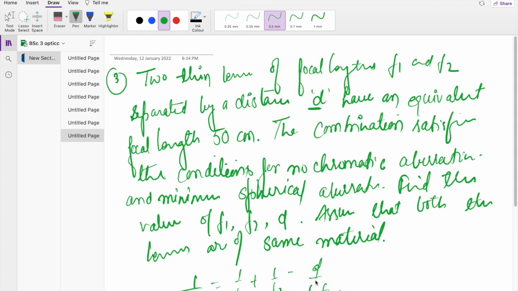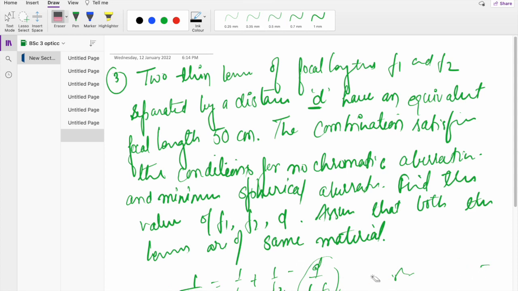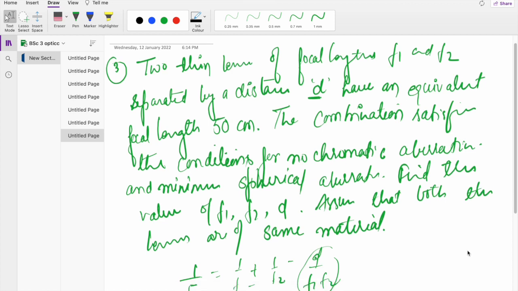In the last question, this quantity vanishes, because it is the case of an achromat. But in this question we will consider it, because it is clearly said that the separation between the two lenses is d, and the equivalent focal length is 50 centimeter.